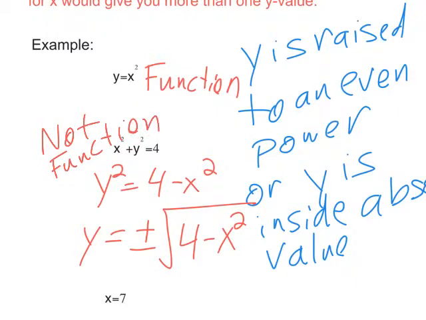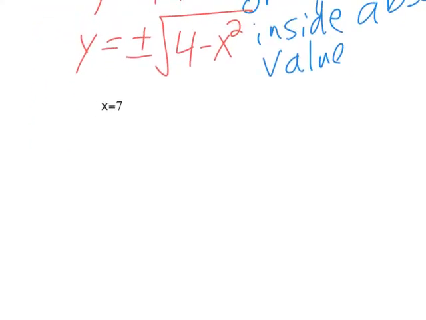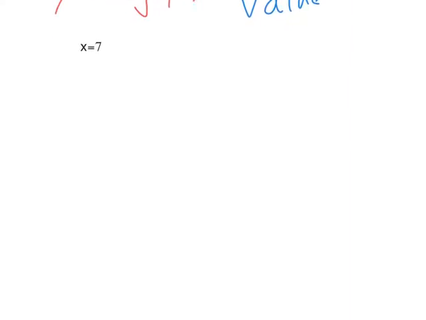Now this last one down here is a little different, okay? There is no y in that one, all right? It's just x is equal to 7. This is a vertical line, and we'll talk a little bit more about these in the next section, 2.3. But what happens with a vertical line is every single point on a vertical line has the exact same x value.